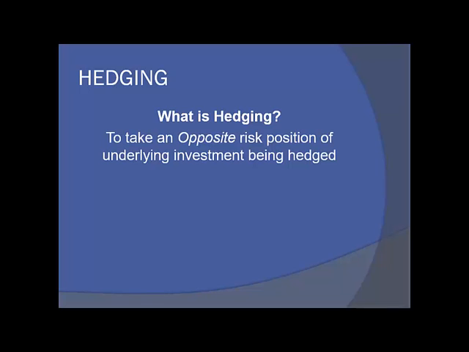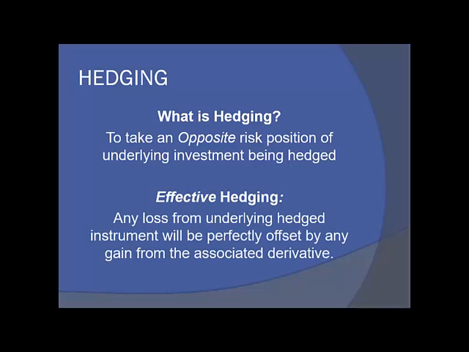You've offset one. The goal of effective hedging is to reach zero. You've completely offset that 20% expected loss with a 20% gain. That is hedging. That is hedge effectiveness. Any loss from the underlying hedged instrument will be perfectly offset by any gain from the associated derivative.